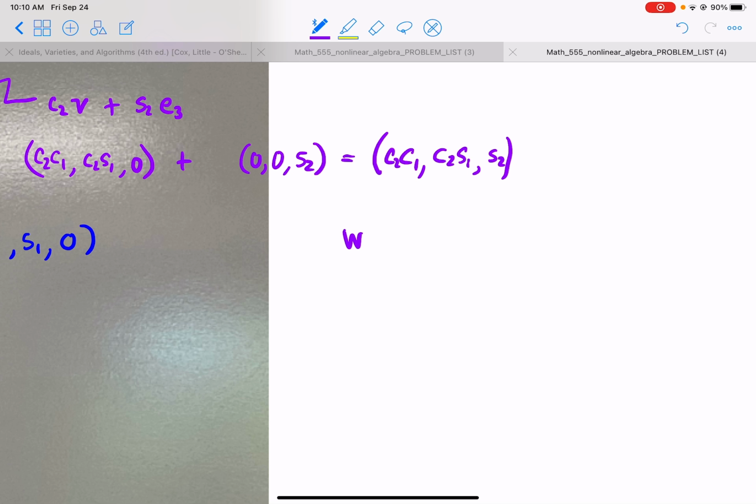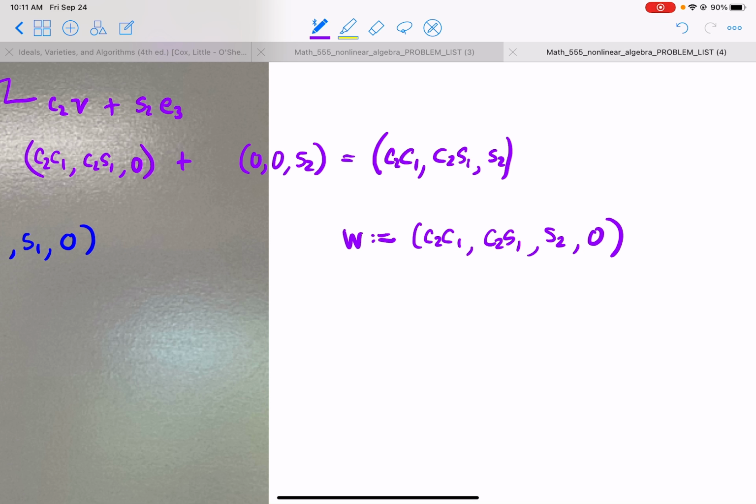Let's call W, we're going to define W to be equal to (C2 C1, C2 S1, S2, 0). Okay, so now we're sitting inside the three-dimensional sphere on its equatorial three-dimensional cross-section. Now we just go cos theta 3 of W plus sine theta 3 of E4, and we get the three-dimensional sphere.